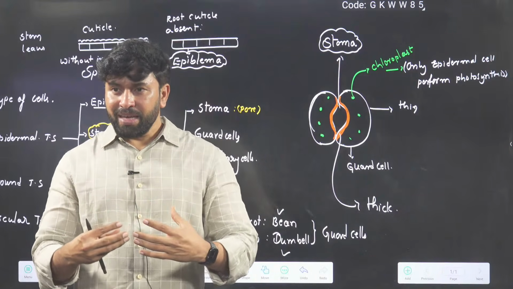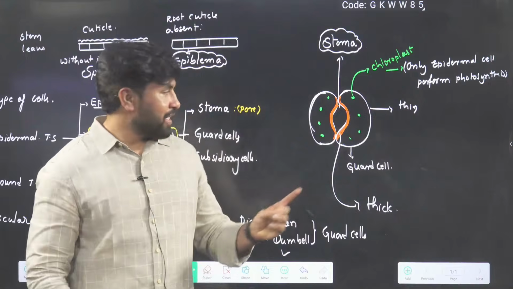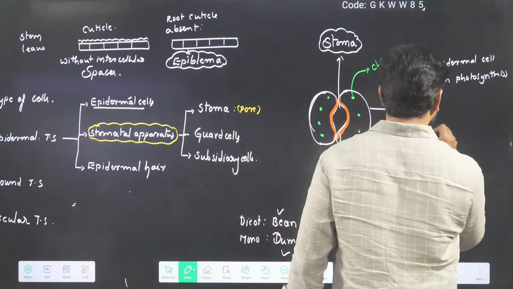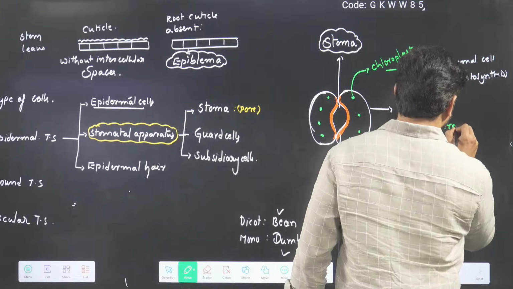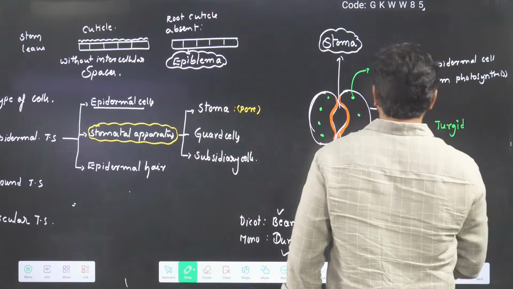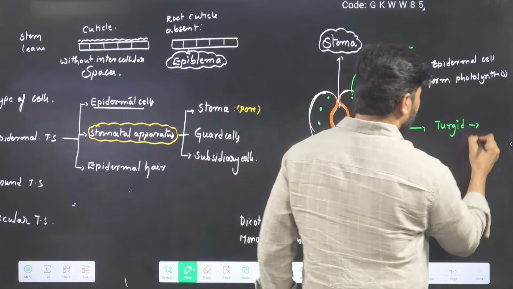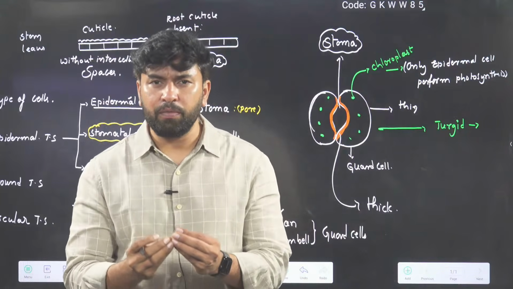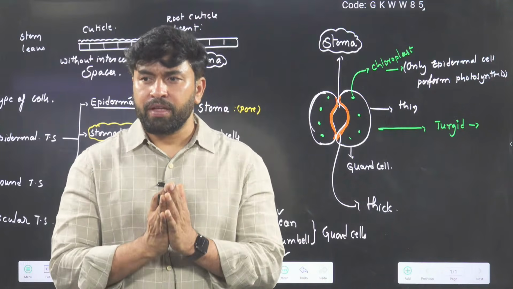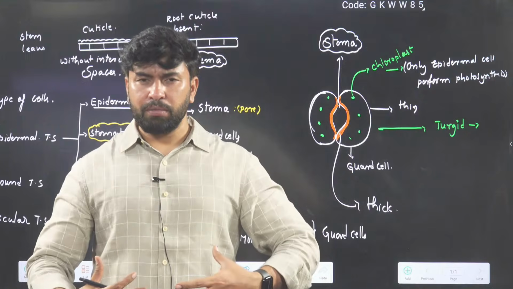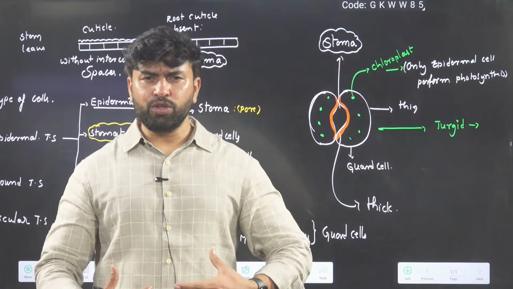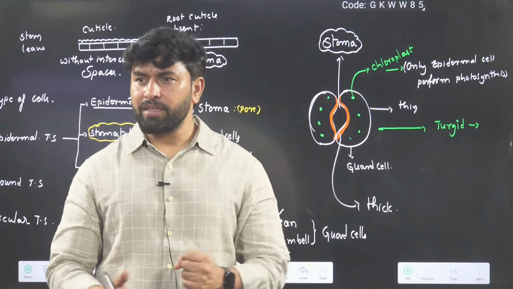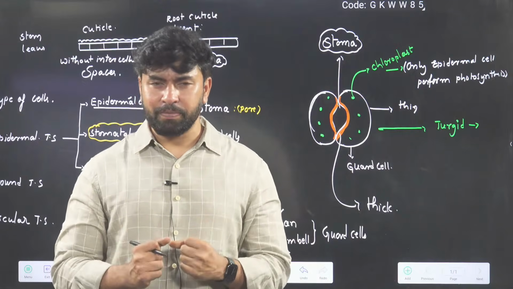Remember, increase of pressure inside the guard cell is known as turgid. What do you call that? Turgid. If the guard cell becomes turgid, turgid means excess quantity of water in one particular area. If I become turgid, it means I drank too much water and my stomach started to swell out. Then I will call it turgid.